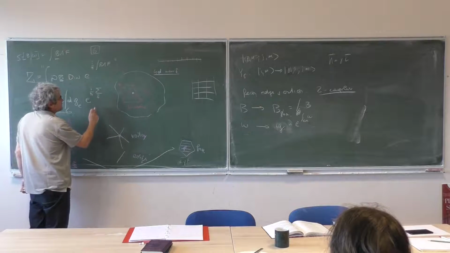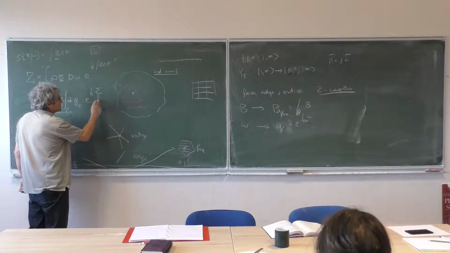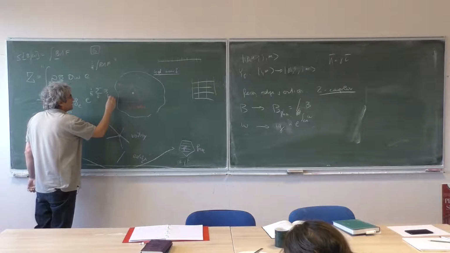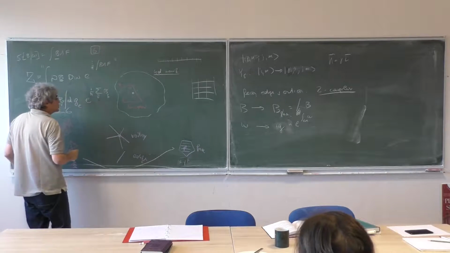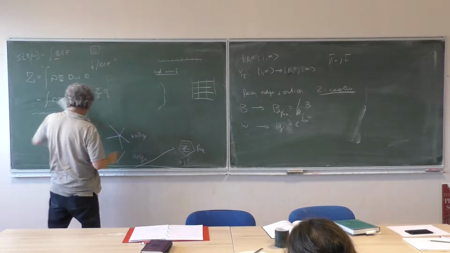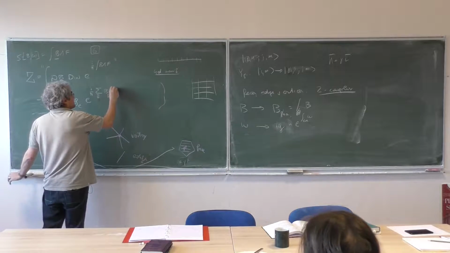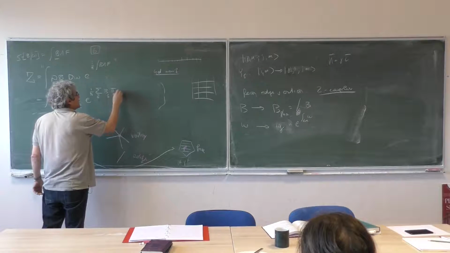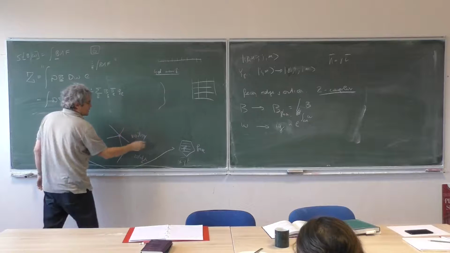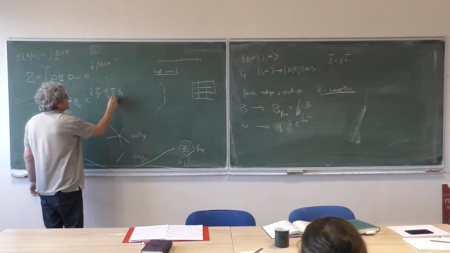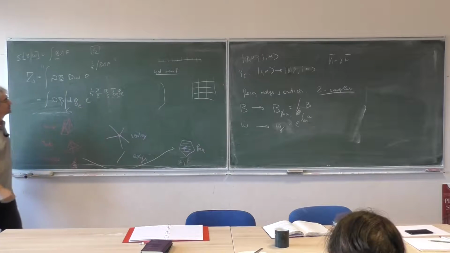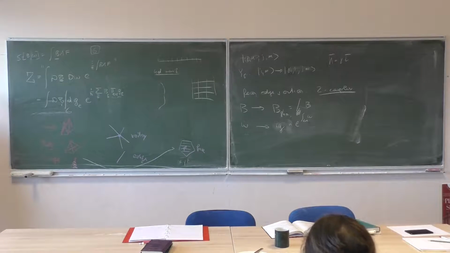So here I'm going to sum over the faces, some B associated to the face, and some product of group elements sitting on the edges around this face. I write this as E in F, all the edges around the face, of the group element there.